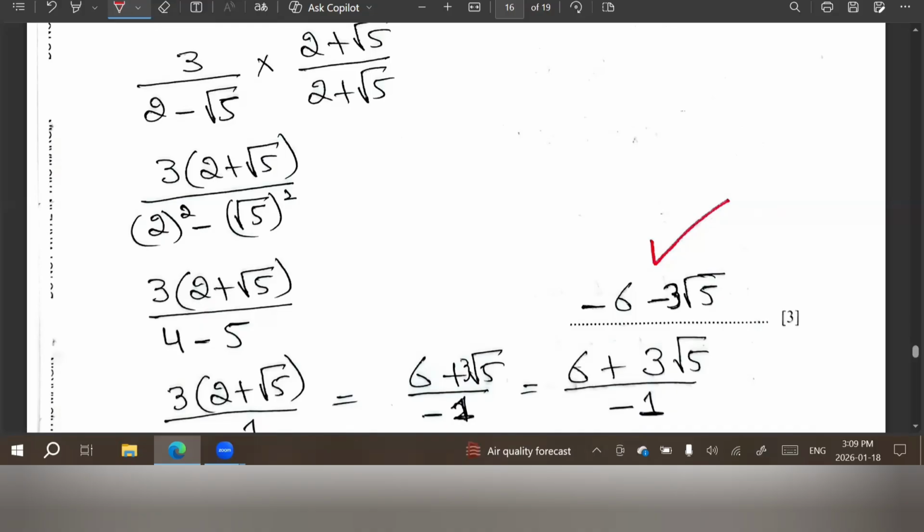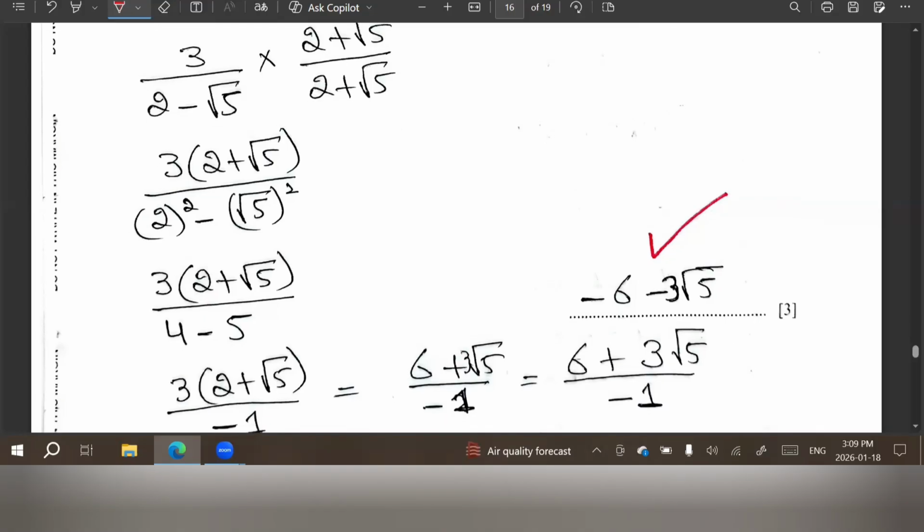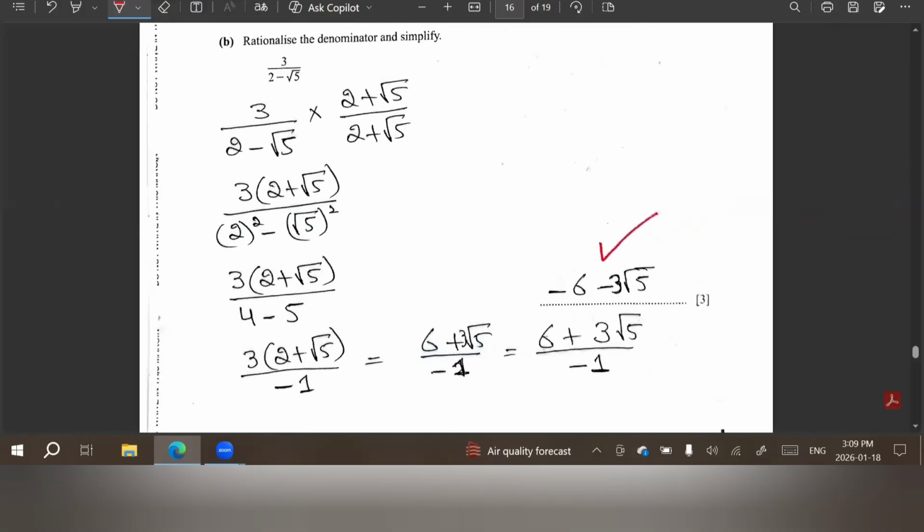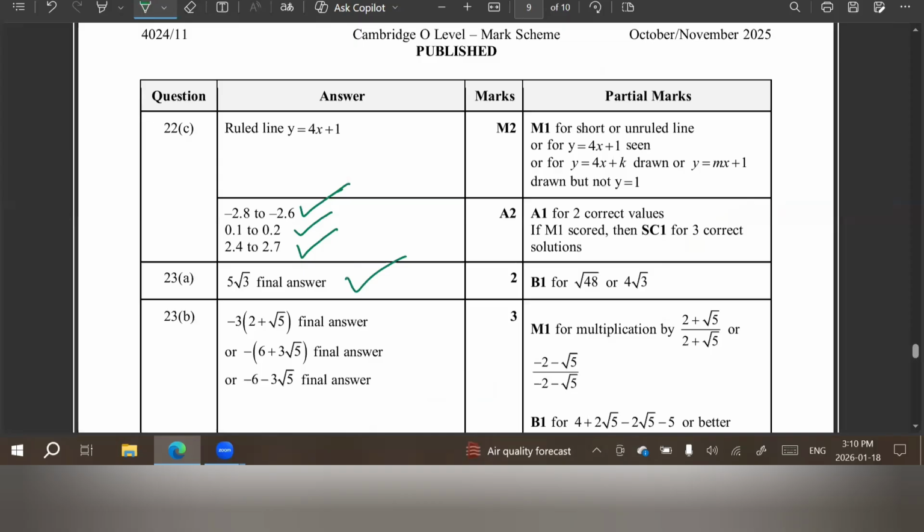And this is 6 plus 3 under root 5 divided by minus 1. So you can write this as minus 6 minus 3 under root 5. This is my answer. I hope you understand. Okay, so here we have.